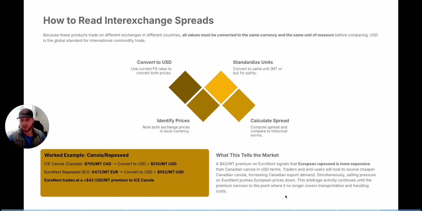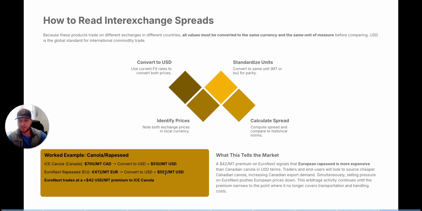If you're sitting in North America, say in Canada, on ICE canola, and you are trading, let's just widen it out, $100 a ton less than Euronext rapeseed, and logistics are only going to cost $50 to get it from Canada to the EU, there's a good chance that everyone from the EU is going to come and start buying up a bunch of Canadian canola, which pushes the price up because it's pushing the demand up.